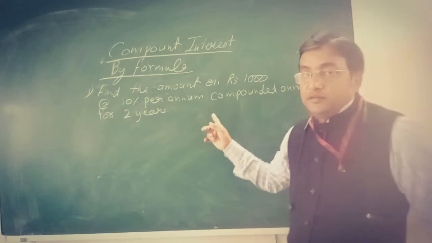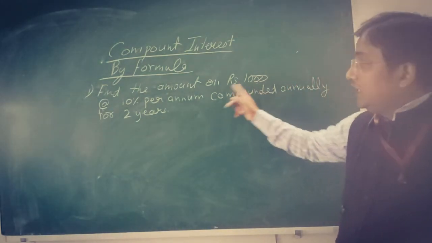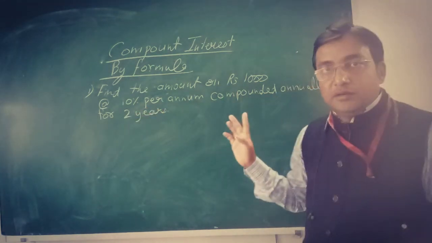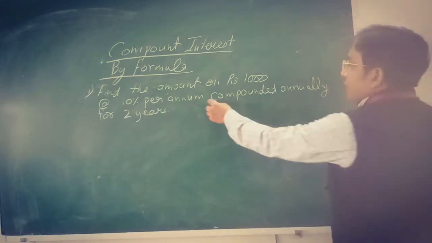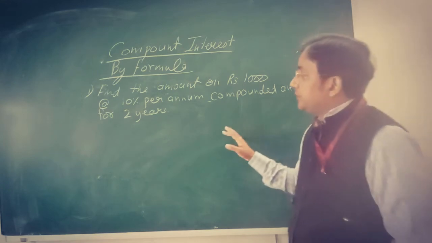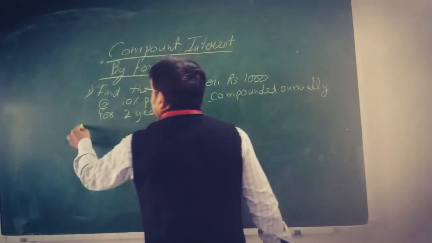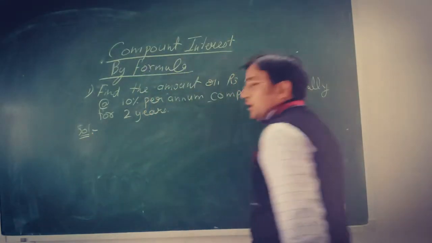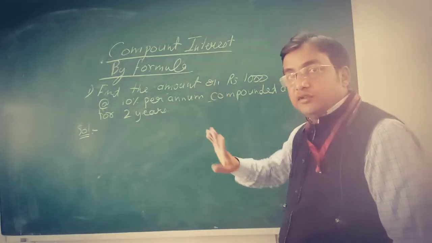Now there is a question. Find the amount on rupees 1,000 at the rate of 10% per annum compounded annually. We know that A and P do not change.